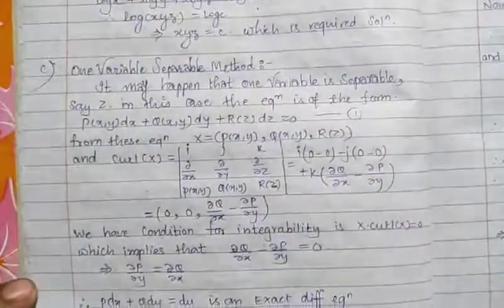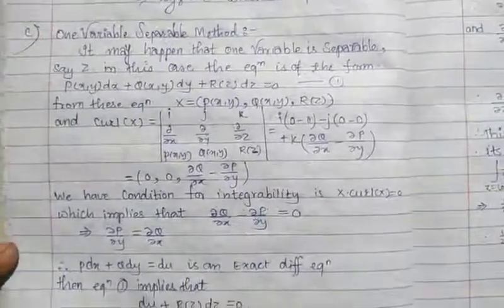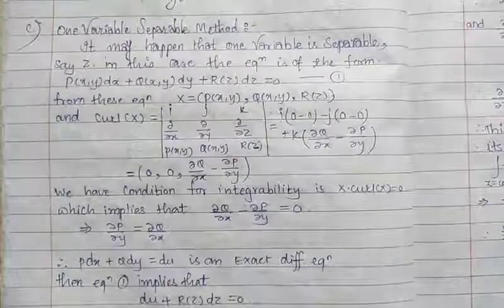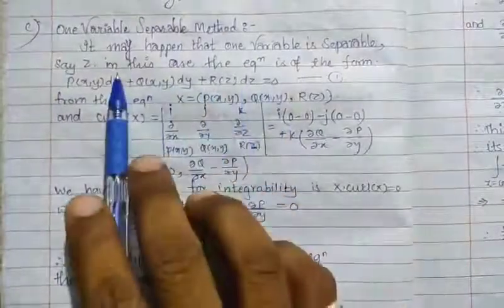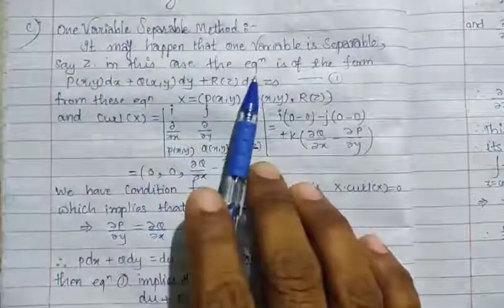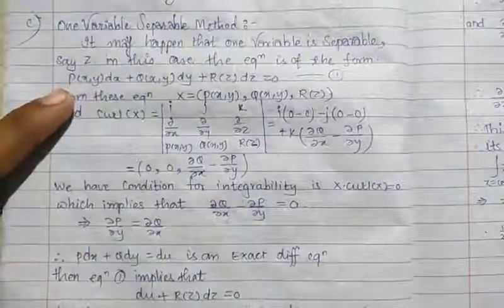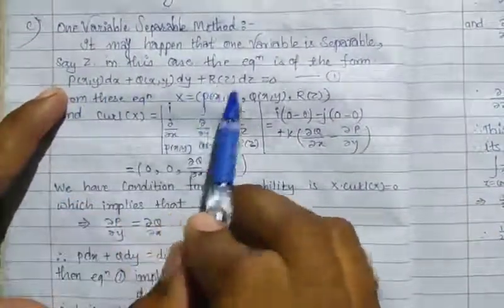Now we will see the third method, which is the one variable separable method. In this method, it may happen that one variable is separable, say it is z. In this case, the equation is of the form P(x,y) dx plus Q(x,y) dy plus R(z) dz.